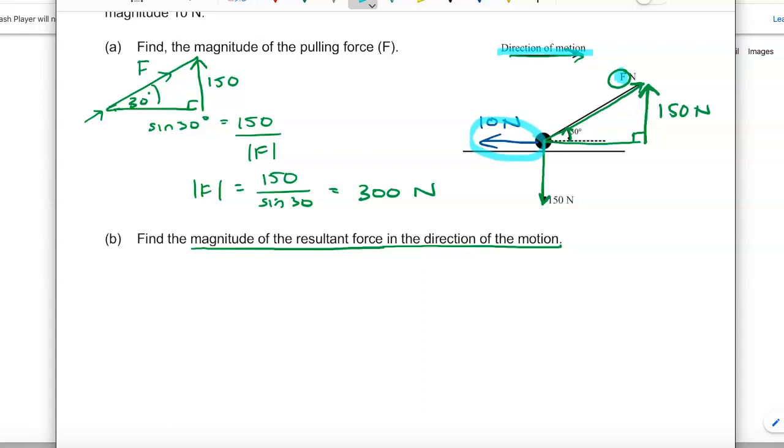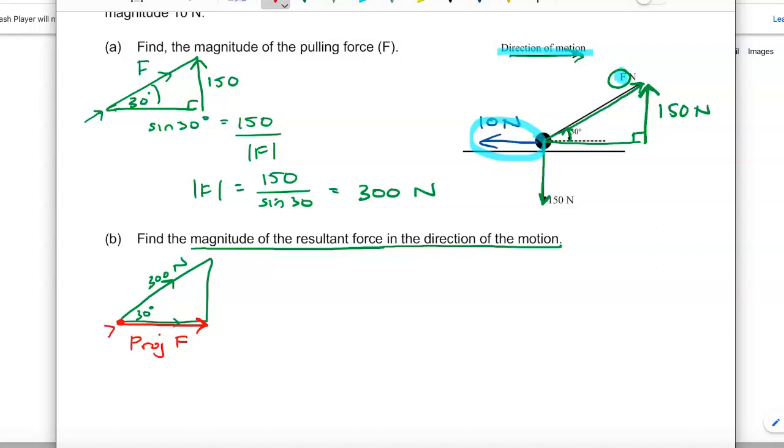So first of all, let's go back to our right-angled triangle from our previous part, where we worked out the magnitude of the force is 300, and we had an angle of 30 degrees. We need to find this value here, which is our scalar projection of the force onto that direction that we're going to be travelling in, onto that object.